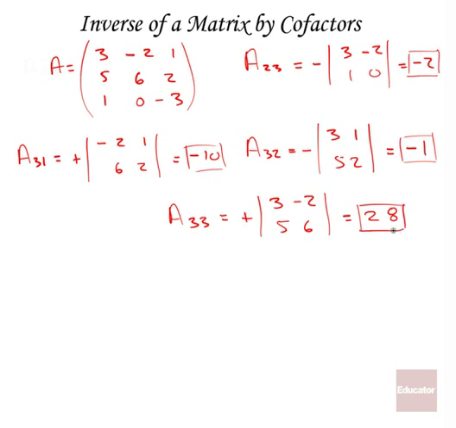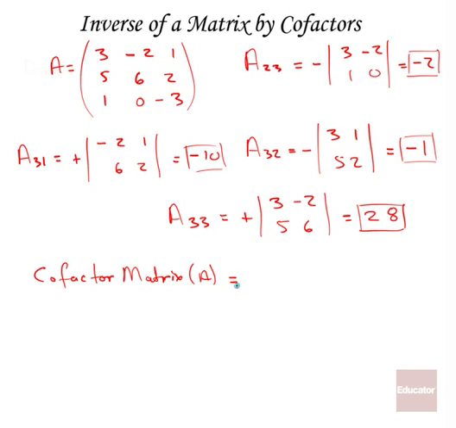Now we can put all of these numbers into a matrix. We start with the cofactor matrix of A. That's our first step.